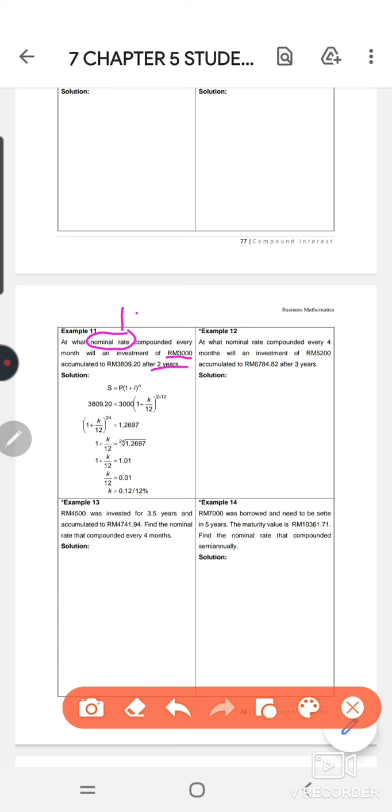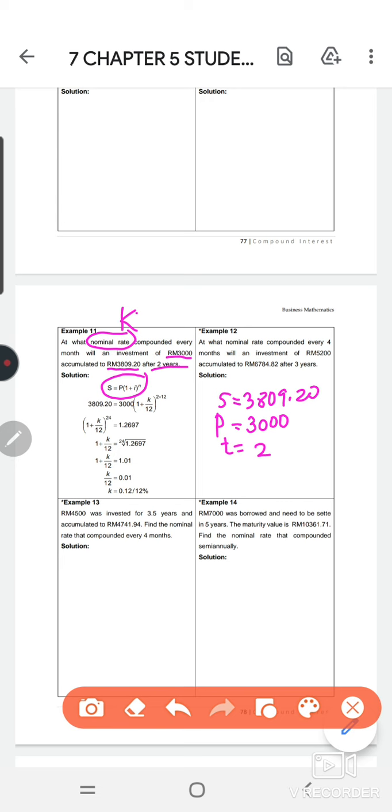Yang tu adalah nilai K. So sama juga macam tadi, still guna the same formula. Okay, kita catat dulu. Your S is yang ni, sebab jumlah terkumpul 3809.20. And then your P, sebab dia kata invest RM 3,000, so your P is 3,000. And then T equals to 2 years.